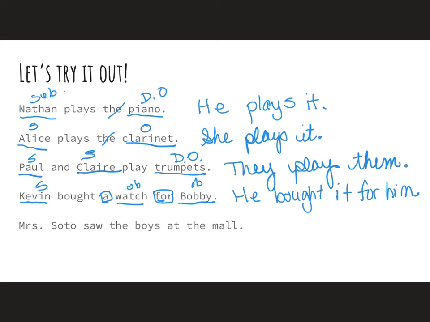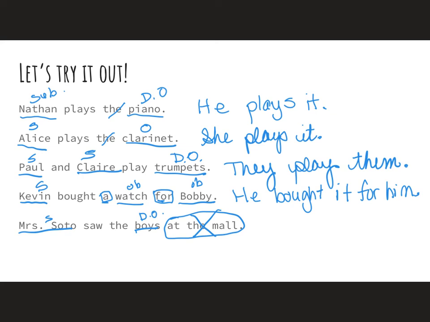Last sentence. Mrs. Soto saw the boys at the mall. Yes, mall is a noun, but in this particular sentence, this is called a prepositional phrase, and we are not working with that today. Mrs. Soto is our subject. Who did she see? She saw the boys. That's our direct object.